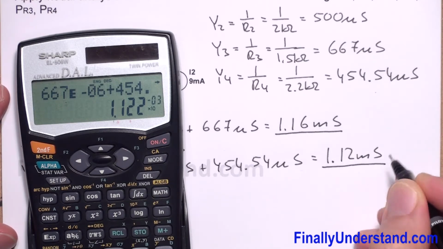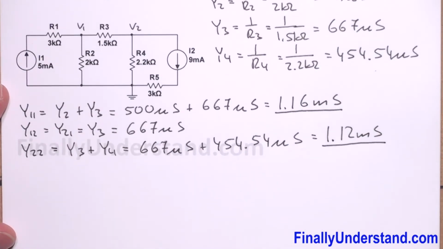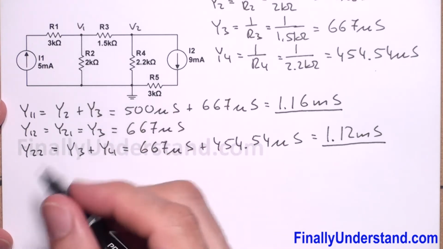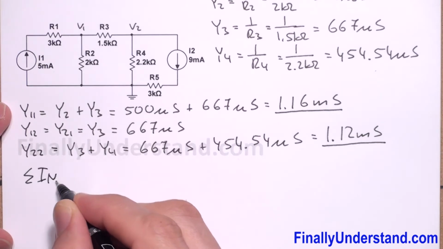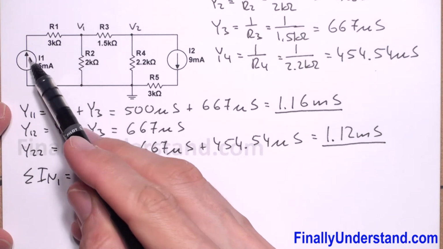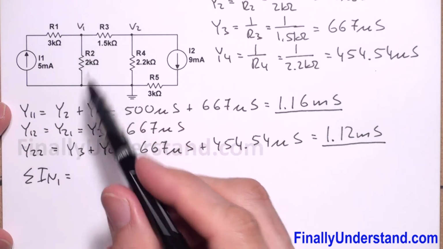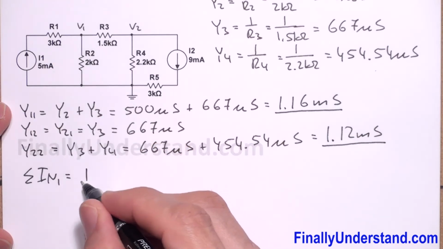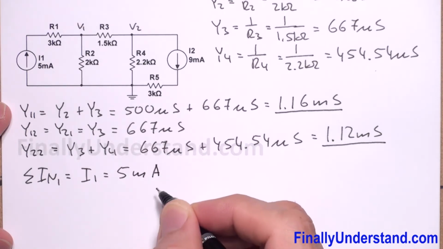Next we're supposed to find the sum of the currents going to node 1. Because this current I1 is going to the first node, I'm going to write that this is equal to I1, and this is equal to 5 milliamps.